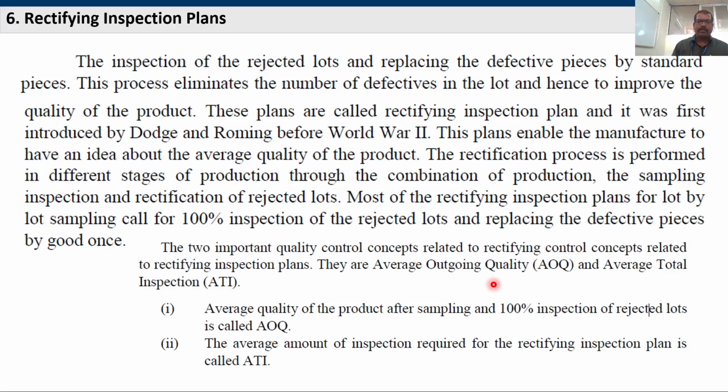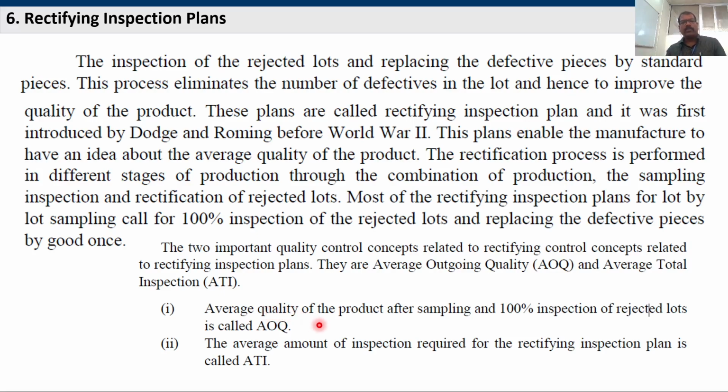Obviously we can understand from this inspection plan that incoming quality level means after the product is manufactured, it comes to the inspection center. In that, maybe 2%, 3% or 4% rejection is possible. But under this rectification inspection plan, whatever percentage of rejection there is, you replace it with the standard one. So the acceptance rate will be 100 only, and the outgoing quality of acceptance will be 100 only.